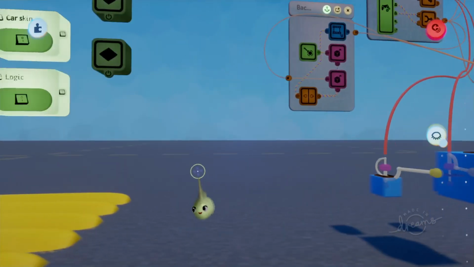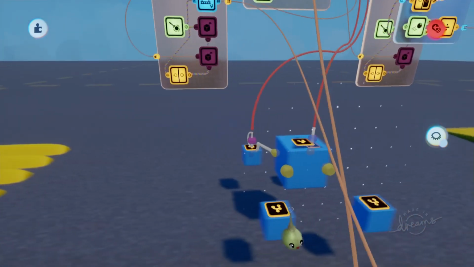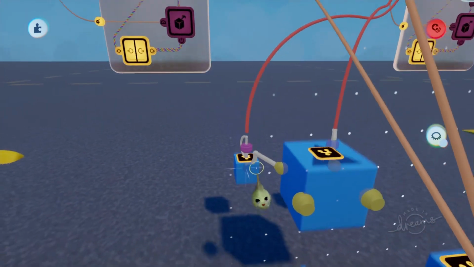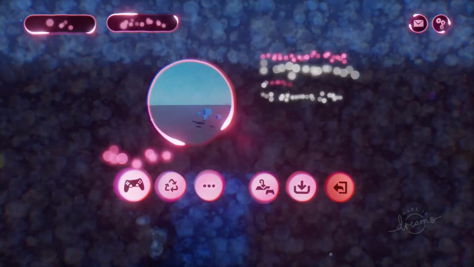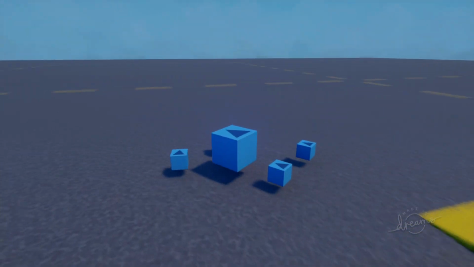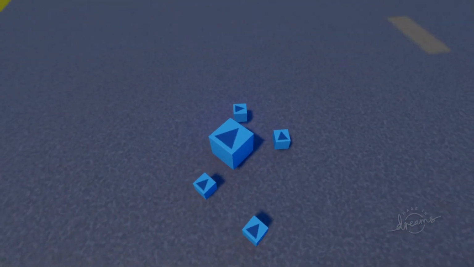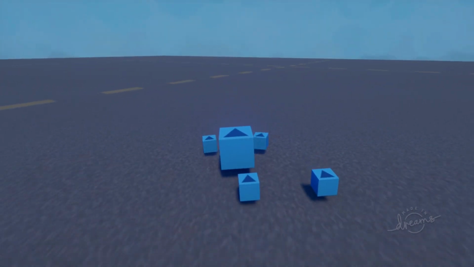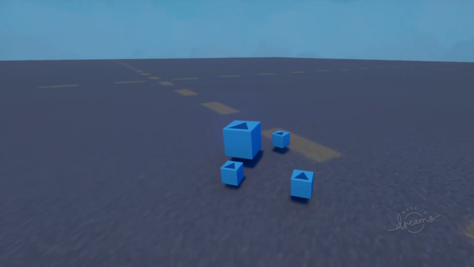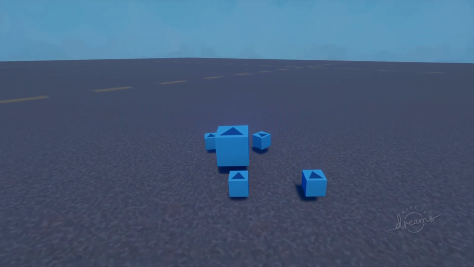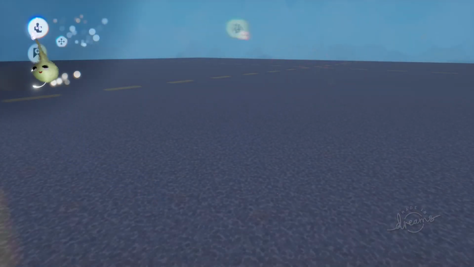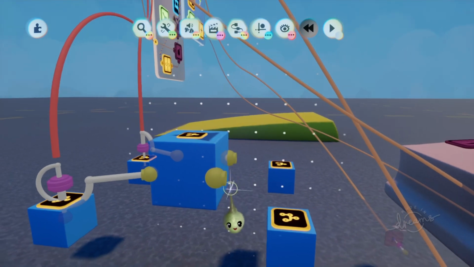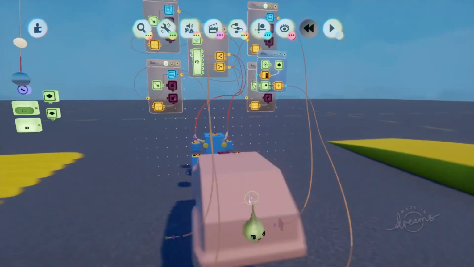And the weird effect that has is when we turn these front wheels, it doesn't want to register. Basically, I can only drive in a straight line. I have no idea what's going on here. But anyway, that's the issue I was having. Definitely a bug of some kind. Yeah. So that's how I do car logic.